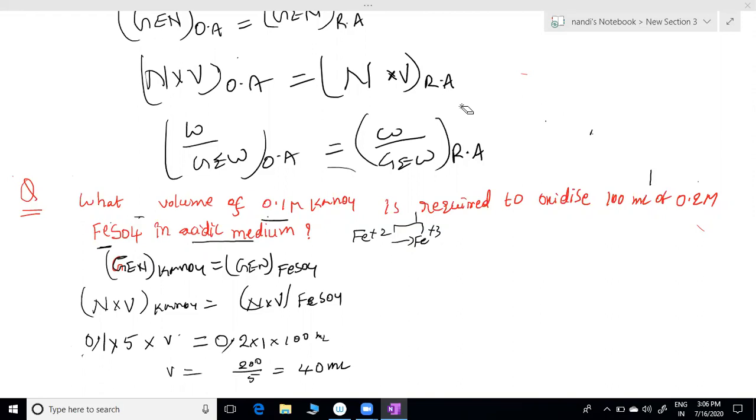I think you understood that question. What did I write last, sir? V equal to 200 by 5 equal to 40. This one I wrote. You are able to see that value.